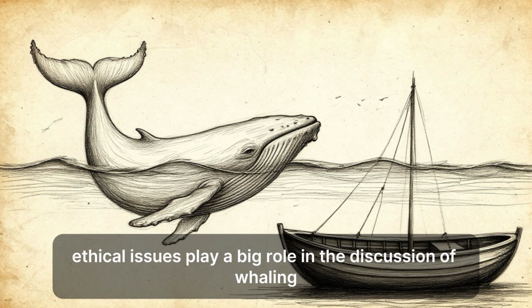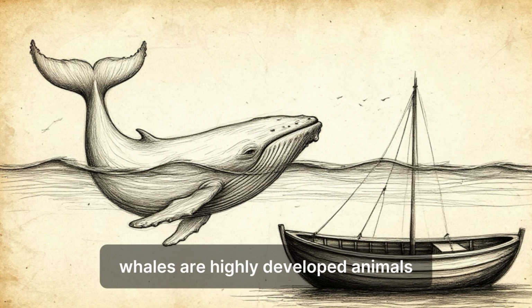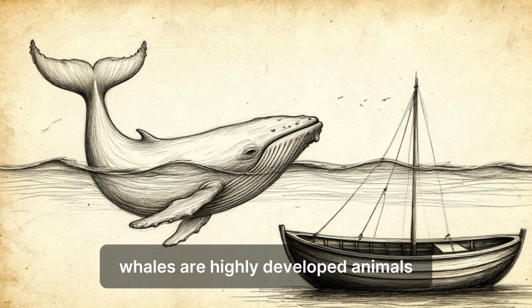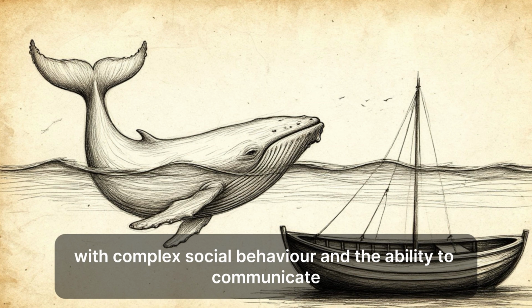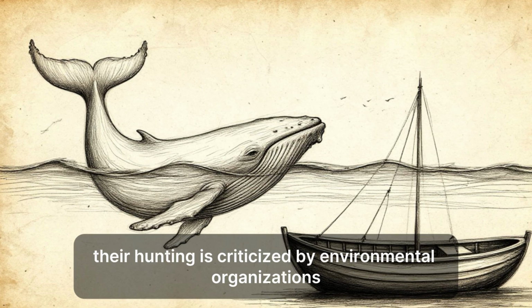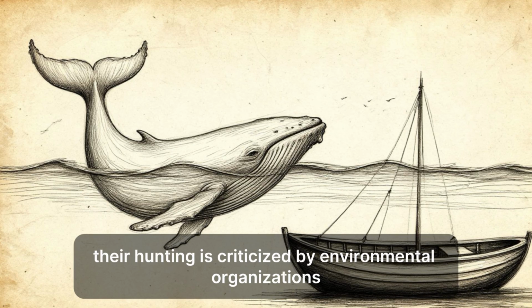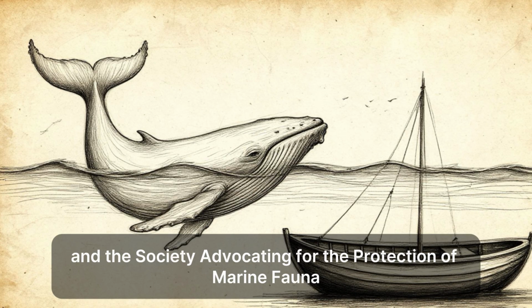Ethical issues play a big role in the discussion of whaling. Whales are highly developed animals with complex social behavior and the ability to communicate. Their hunting is criticized by environmental organizations and the society advocating for the protection of marine fauna.